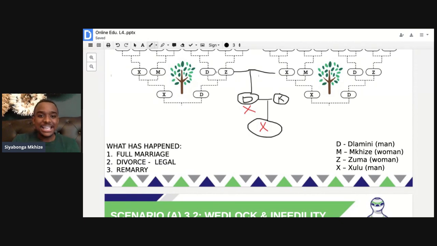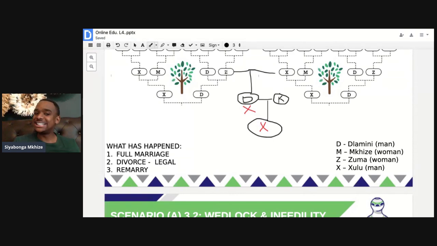The only mistake done here, I'm going to slow down here. The only mistake done by Umazuma, right, is not the infidelity, but it's not correcting the infidelity nokuthi aqhamuka kubab Dlamini nomndeni waka Dlamini athi, this is what happened. I was impregnated by another man.